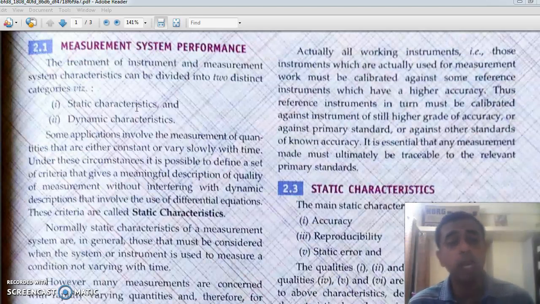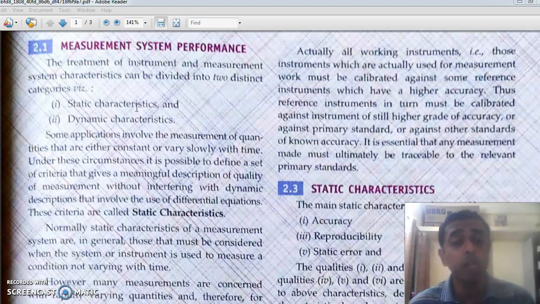So what parameters come under dynamic characteristics? Dynamic characteristics concern certain quantities which have to be measured, but they are not at all constant; they are varying very fast with respect to time.